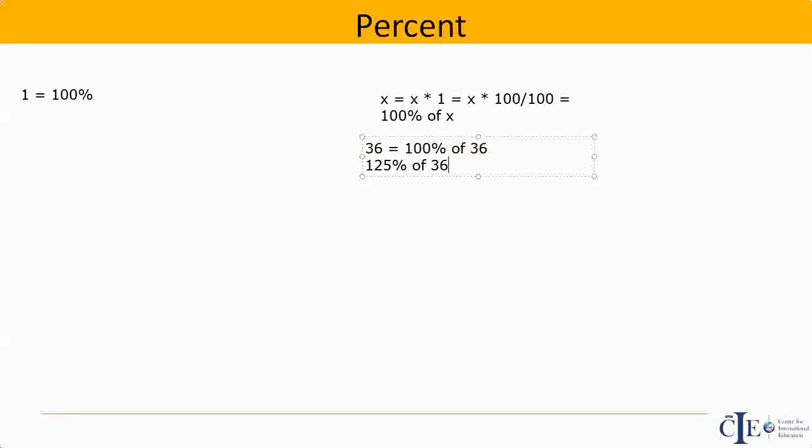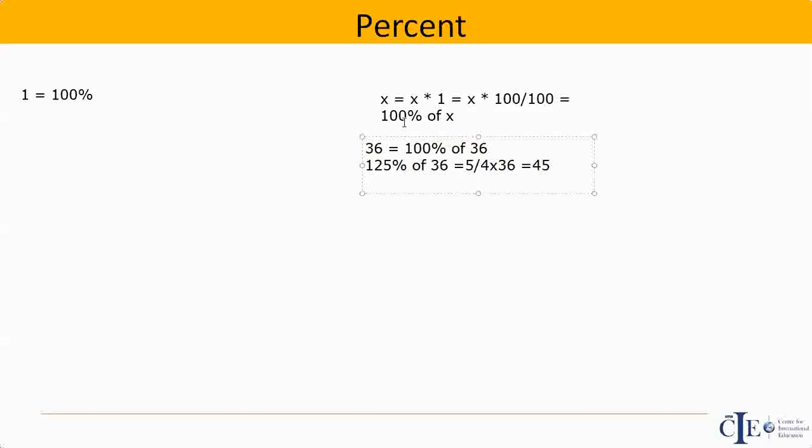That is simply 5 by 4 into 36, which simplifies to 45. So instead of doing it in two steps, finding the 25% and then adding it back to 36, you can simply write this as a product. This is 125% of 36.